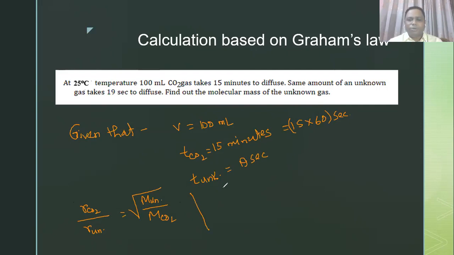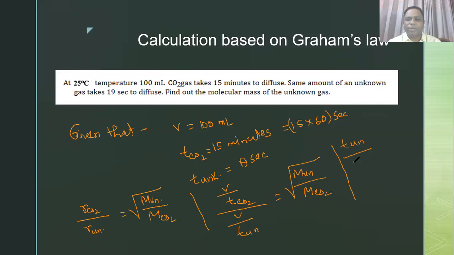And now volume is constant, so V by T carbon dioxide divided by V by T unknown equals root over M unknown divided by M carbon dioxide. So V will cancel out. Finally, T unknown divided by T carbon dioxide equals root over M unknown divided by M carbon dioxide.